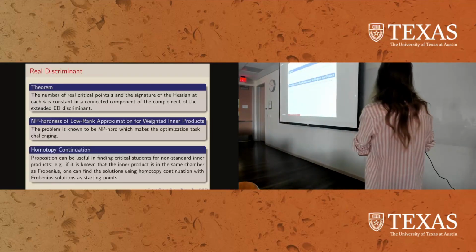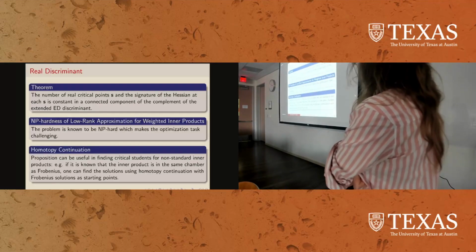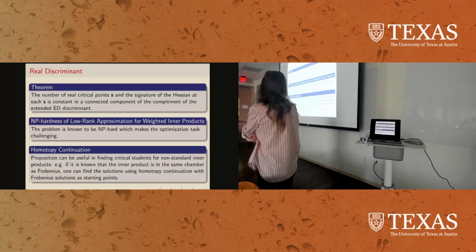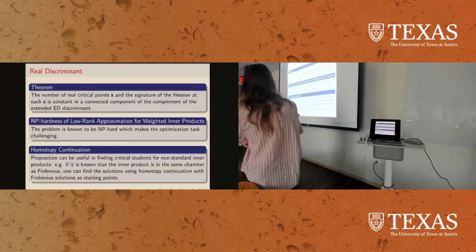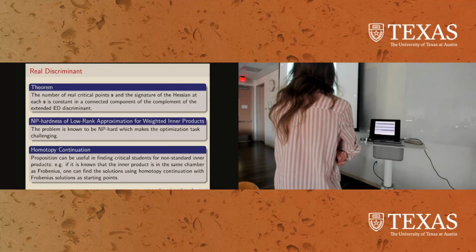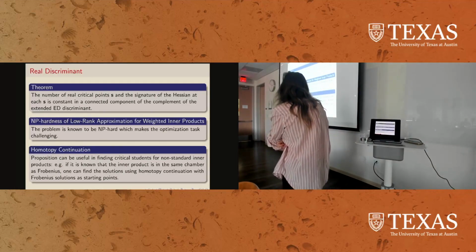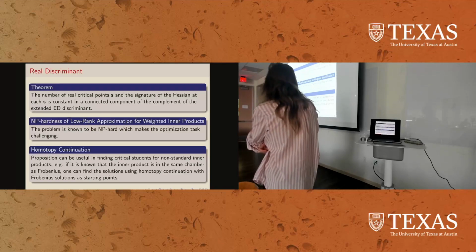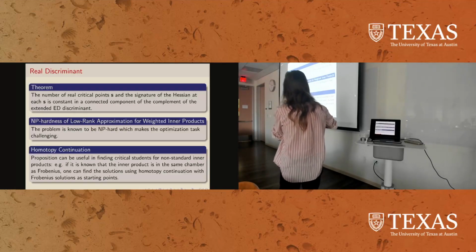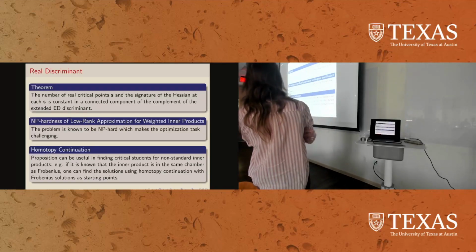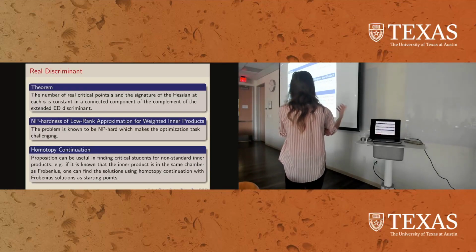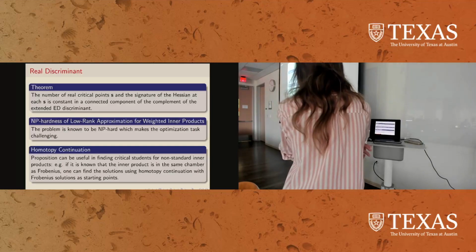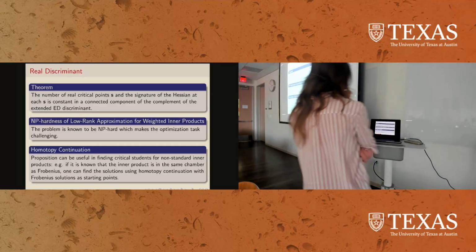However, if you know that your inner product lives in the same chamber as, for example, the Frobenius inner product, you can apply the homotopy continuation method so that your start system is Frobenius, your target system is precisely the system you're trying to solve, and you can trace the homotopy path, and so the solutions of the Frobenius system will take you to the solutions of the other system. And we did perform those computations. It really does work pretty well.